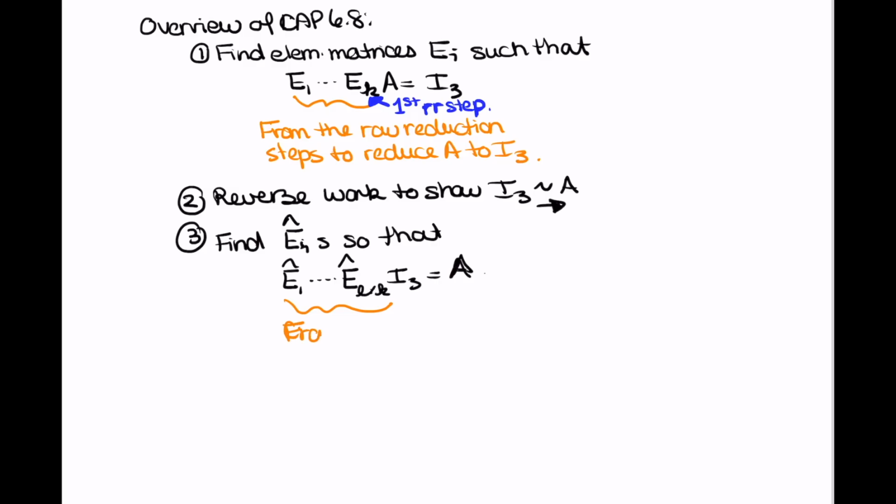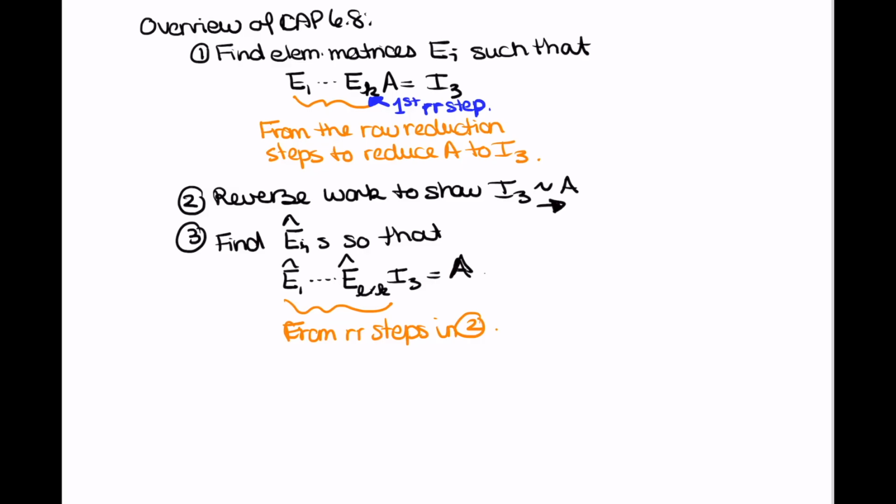Now, it's important to note that each of these Eis is actually going to be reversible, or I should say invertible. That's exactly because we can reverse the steps. So let's take a look at that.